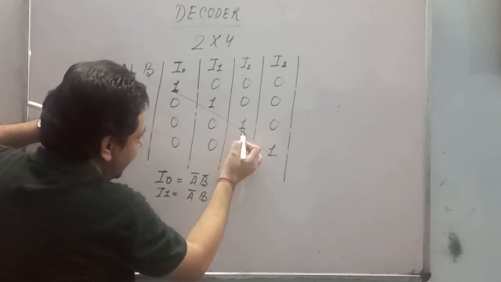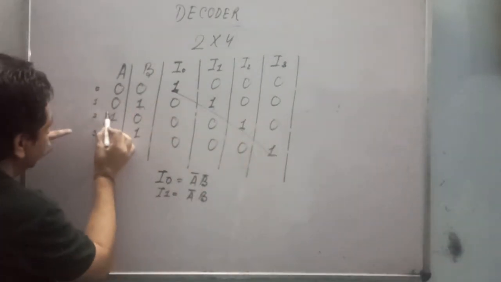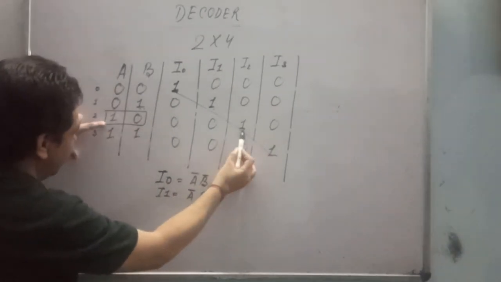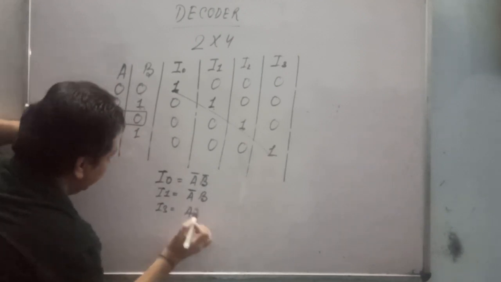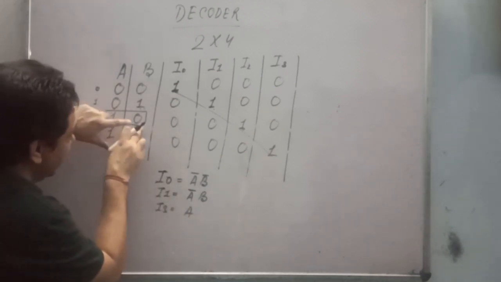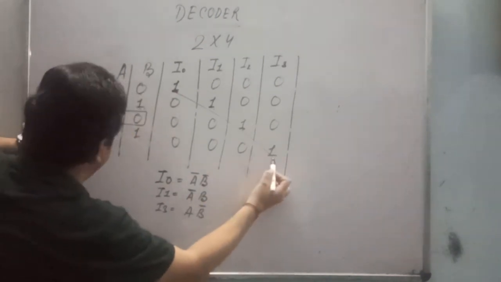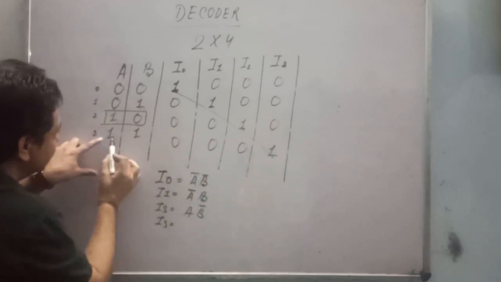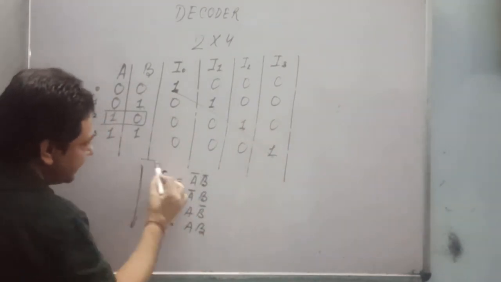Now I2, here 1 is coming, so these are the corresponding values, and we have to convert these values into 1. So I2 is equal to A because it's already 1, and 0 has to be converted into 1, so B bar. Now the last one. I3 will be, and we can see both are 1, so I am taking AB. Now these are the minterm values.